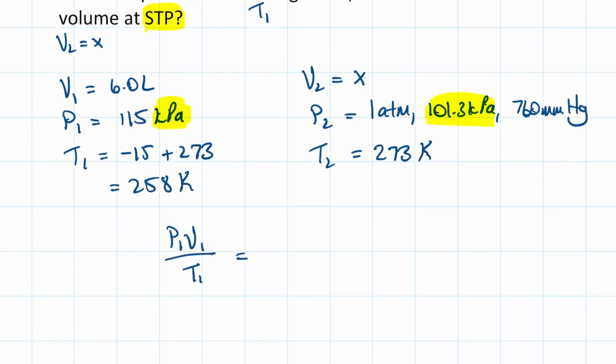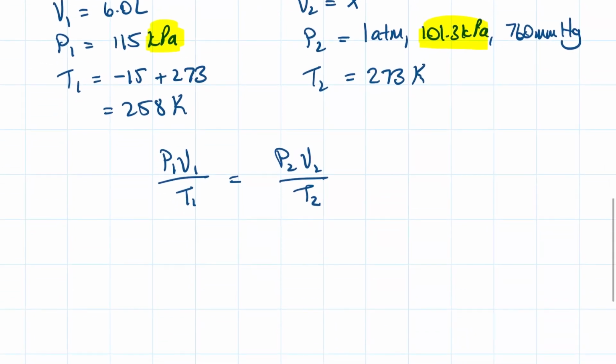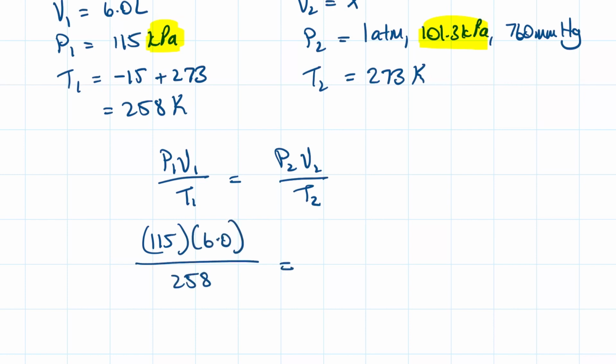P1 V1 over T1 equals P2 V2 over T2. Plug the right numbers into the right locations. P2 is 101.3, X and 273. And then you're going to solve for X.